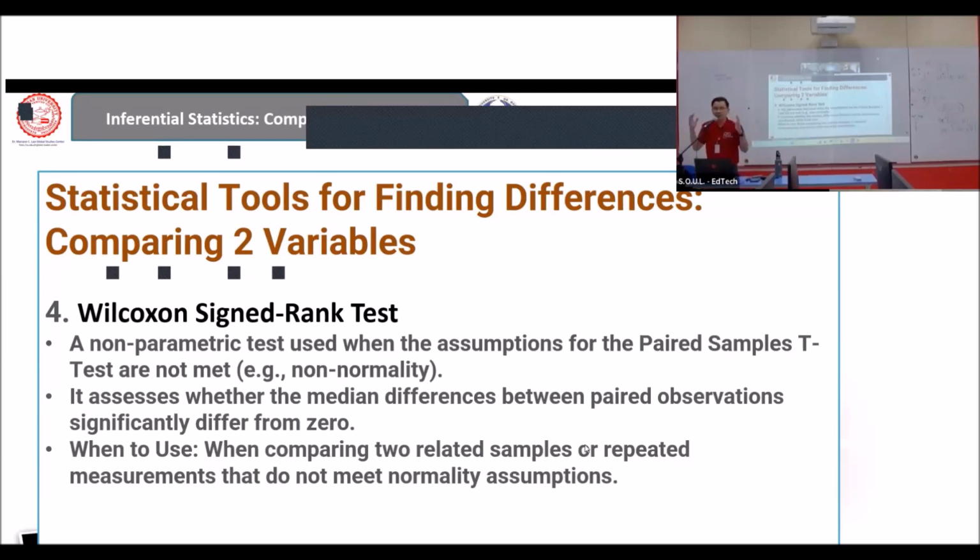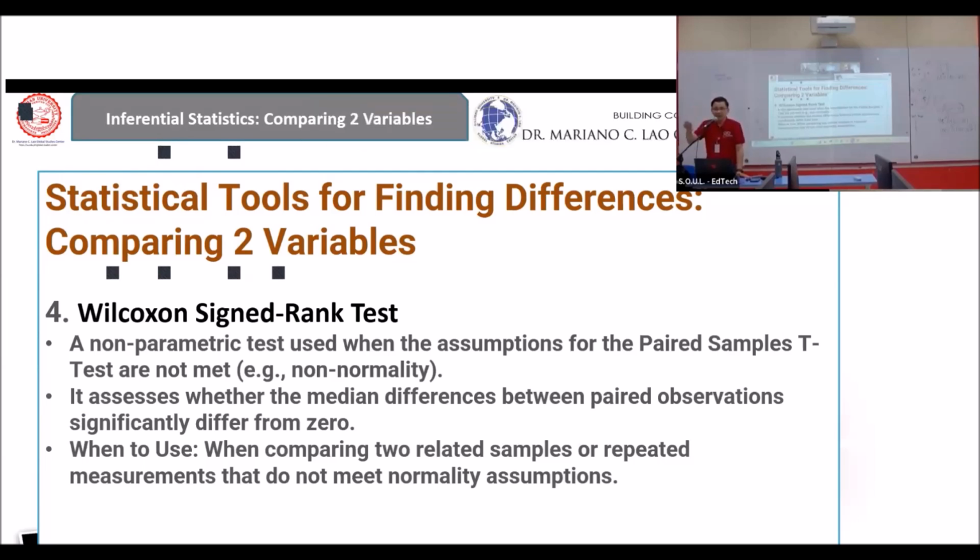So just think of that. If the data is independent and normally distributed, use the independent samples t-test. If the data is independent and skewed, apply the Mann-Whitney U test. If the data is paired and normally distributed, apply the paired t-test.